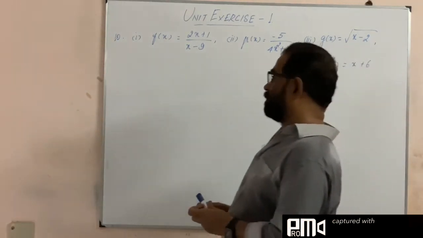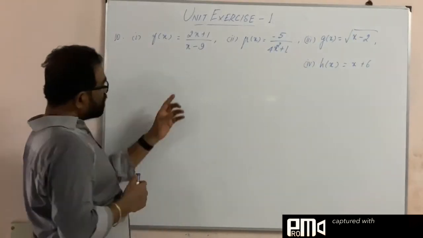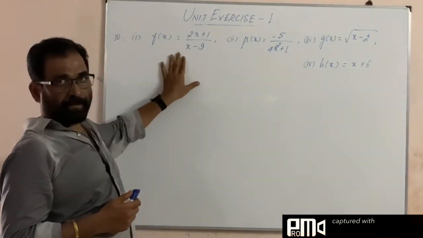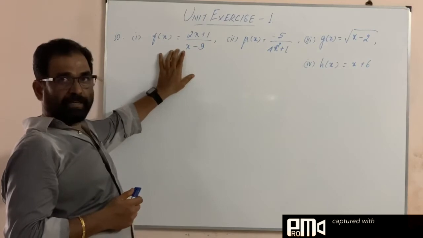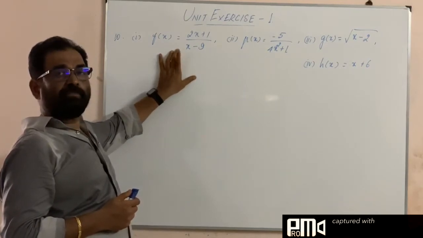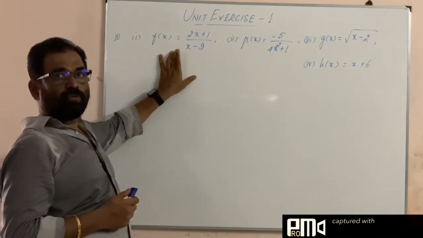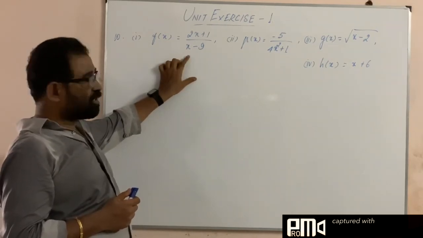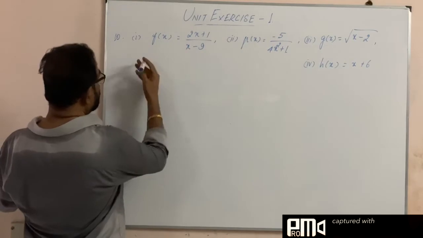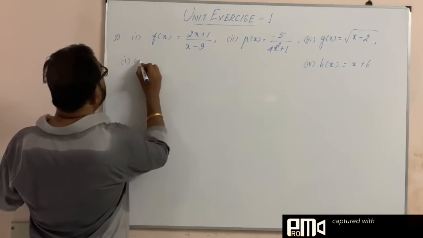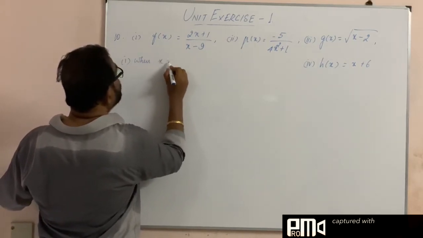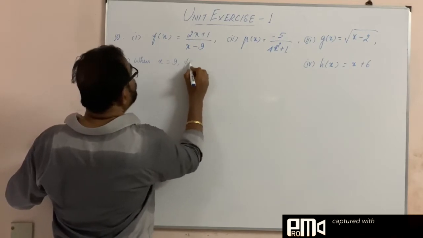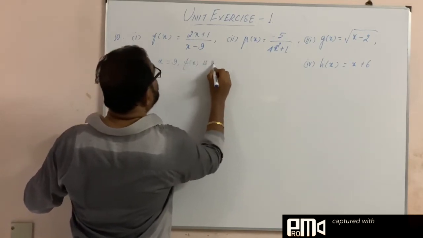So that is the domain. Here the denominator is x − 9. If I put x equal to 9, the denominator becomes 0, and anything divided by 0 is not defined. So the fraction is not defined when x is equal to 9. When x is equal to 9, f of x is not defined.